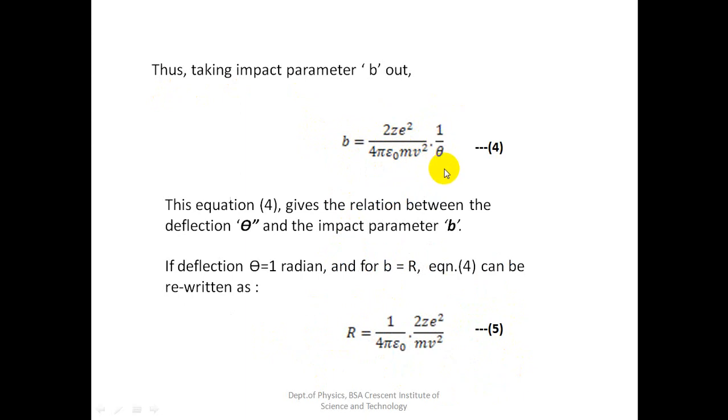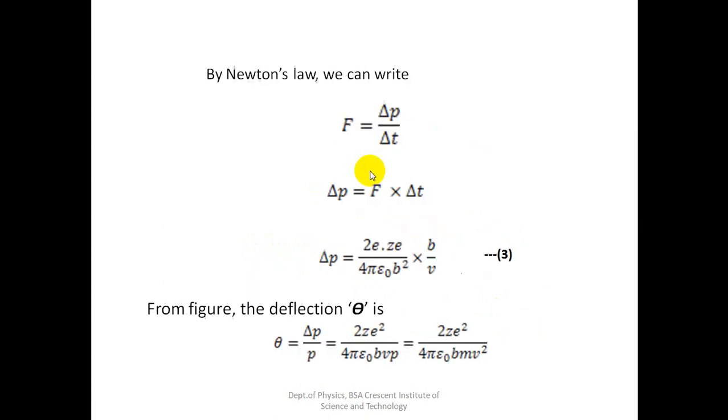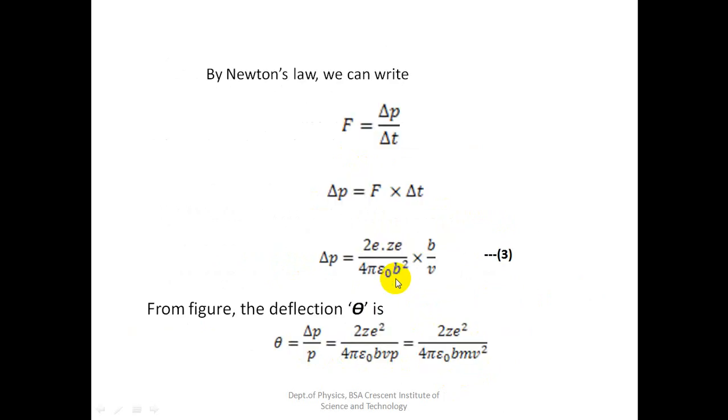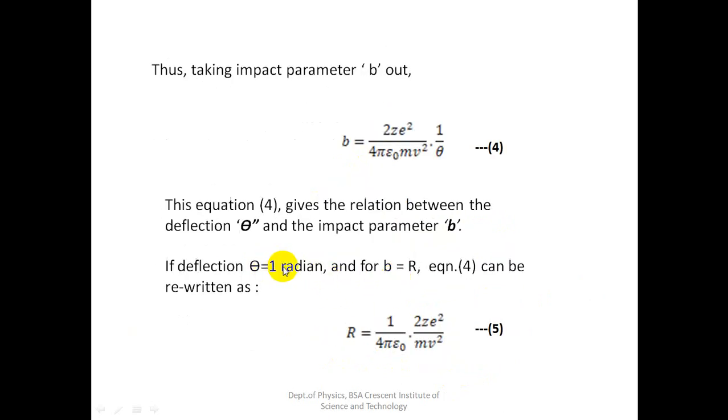If theta is supposed to be 1 radian, and if you consider the impact parameter to be exactly equal to the radius of the nucleus, then b shall become equal to r. If b is exactly equal to this radius, it means the alpha particle almost grazes the boundary of the nucleus, touches the boundary of the nucleus, and then it will experience a maximum Coulombic deflection.